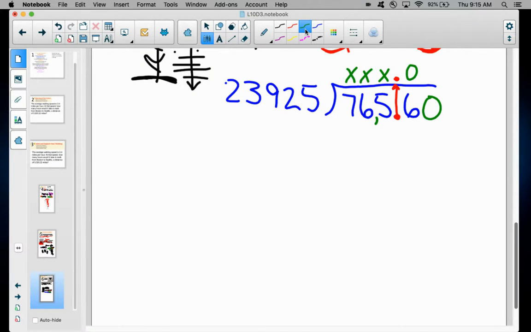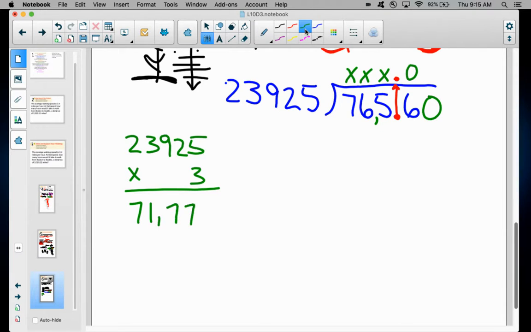And now we can think about what we can multiply 23,925 by to get to 76,000 or around there. Honestly, when I was working it out, it didn't take too long to see that 3 gave us, when we multiply, 71,775.